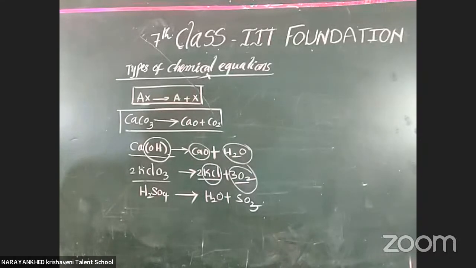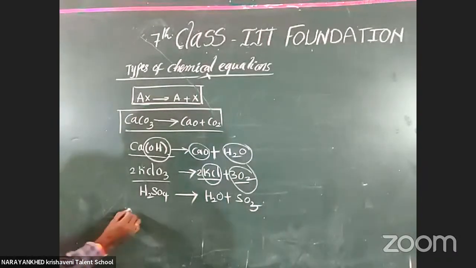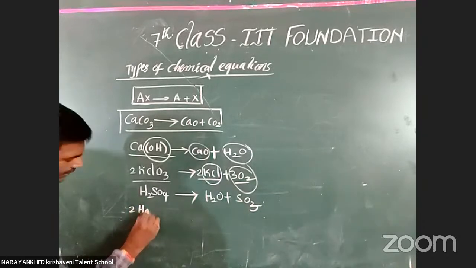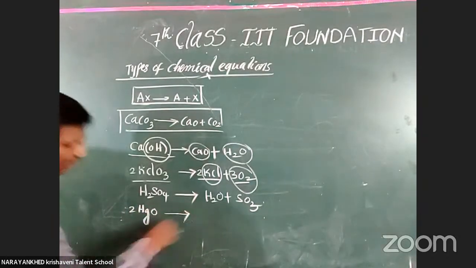Next, when some oxides are heated, they decompose into other elements. Suppose you take 2HgO, that is mercury oxide.